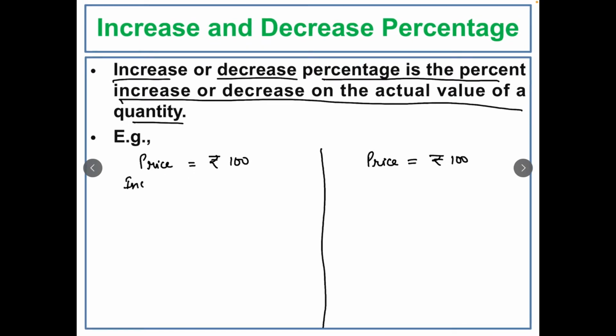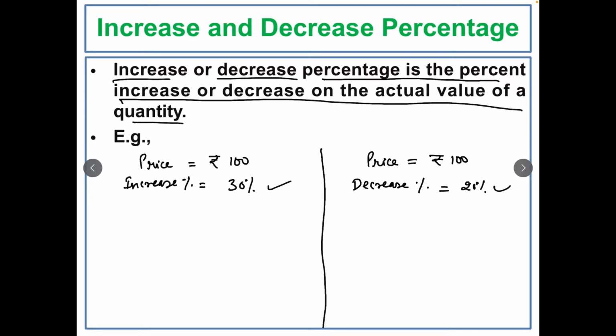So let the increase percentage be 30%, or let's take the decrease percentage on this same article as 20%. Here we are taking the increase in the value of the article, and here we are taking the decrease in the value of the article.